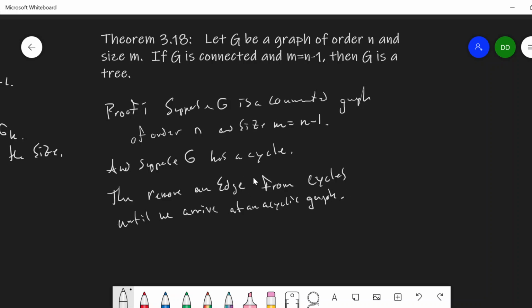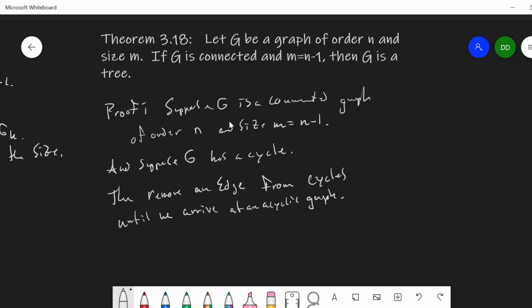By the way, this process of removing edges in order to make a graph acyclic is a research topic that a couple people here at PFW worked on some number of years ago. It's called the decycling number of a graph. And it's a pretty interesting research topic, and it does have applications.